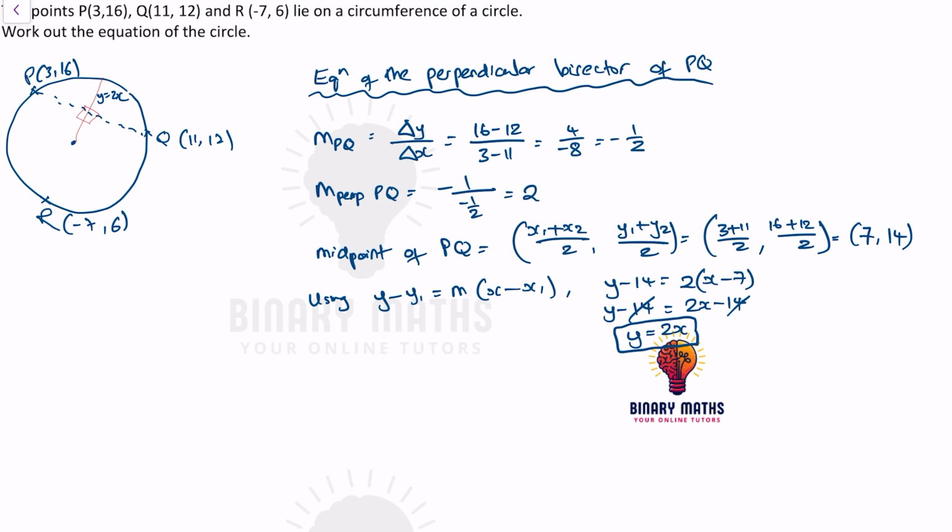I need to do the same thing for the perpendicular bisector of P to R. If I have P to R and then I find the perpendicular bisector of it, then it also goes through the center.